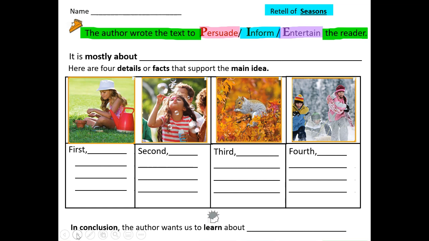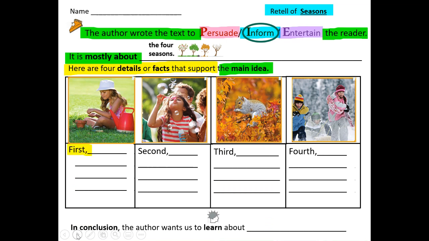So the author wrote the text to inform the reader, give information, because it is mostly about, what is it mostly about? It is mostly about the four seasons.